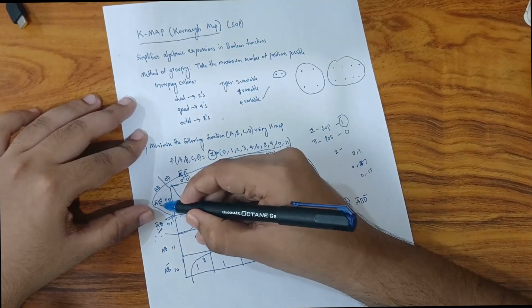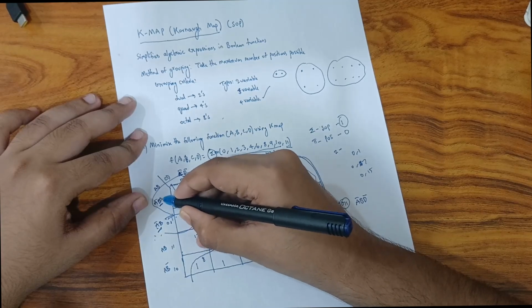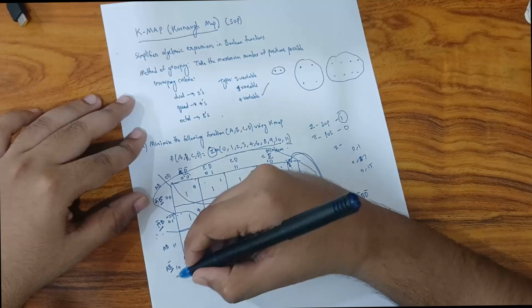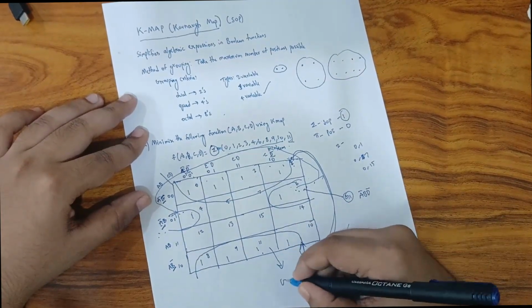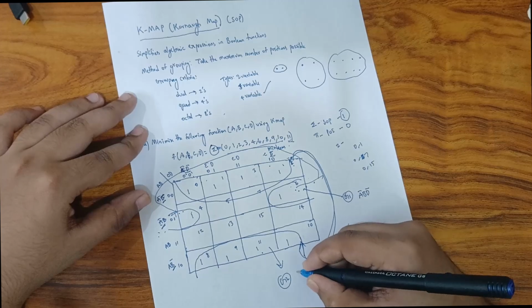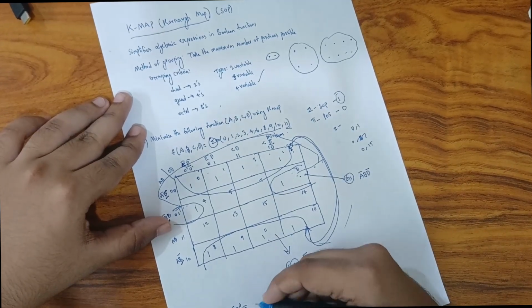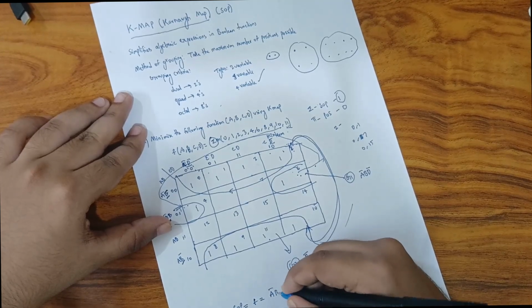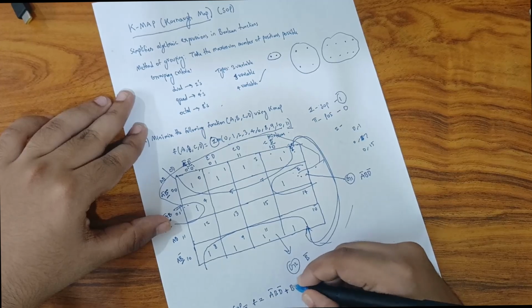If we look at the minterms here, you can notice that B bar and B bar are in common, but A bar and A are not. So in group 2 we have B bar as common. Now the SOP equation is A bar B D bar plus B bar.